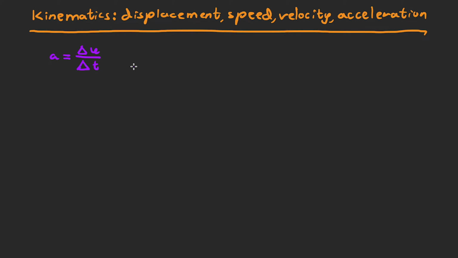So speed measures the change in displacement. Velocity measures the change in displacement. Acceleration measures the change in velocity. And as you can guess, we can also showcase acceleration as the derivative of velocity with respect to time.